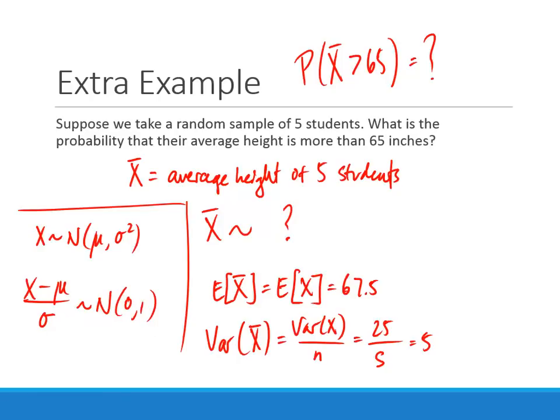So again, you can imagine the normal distribution. If I'm subtracting off the mean here, I'm just shifting that distribution around, and then I'm scaling it so that it has a standard deviation of 1. So this thing, which we usually call z, has mean 0 and standard deviation 1, and still has a normal distribution.